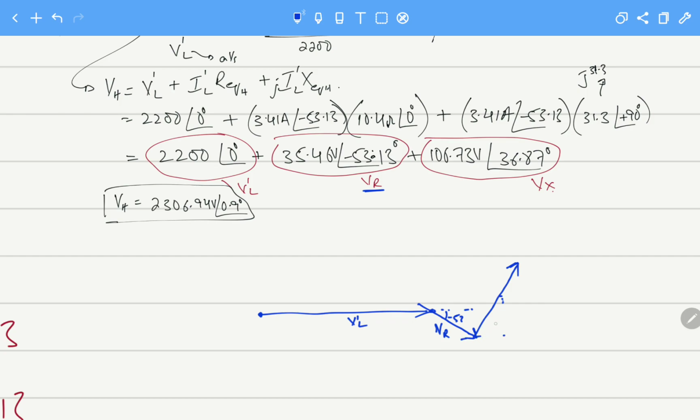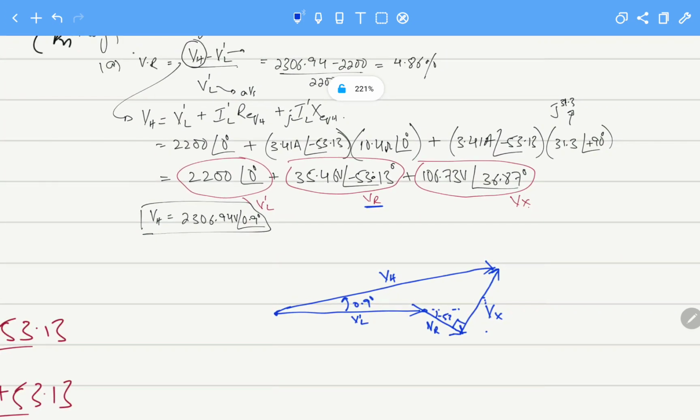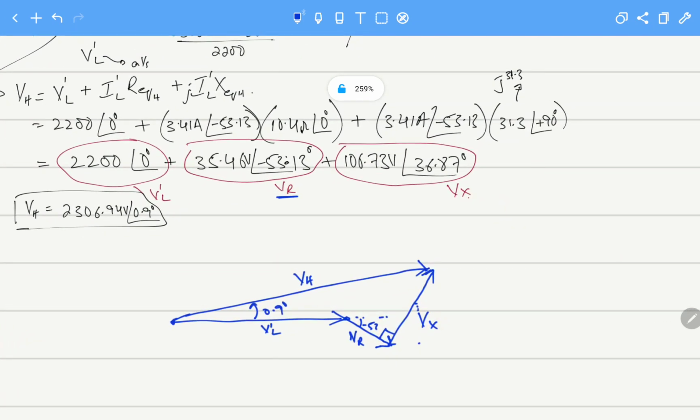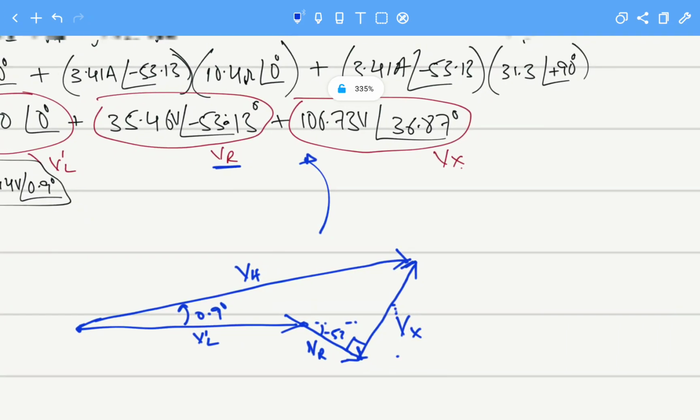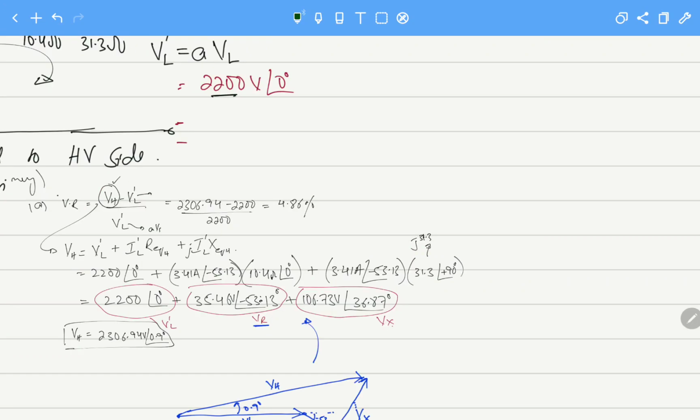From the 0 it is 36, but it is 90 degrees from here, and this is actually VH, and this angle is 0.9 degrees. So this was VX. This is the phasor representation which is asked in part C of this, and the voltage has to be larger than this for an inductive load.